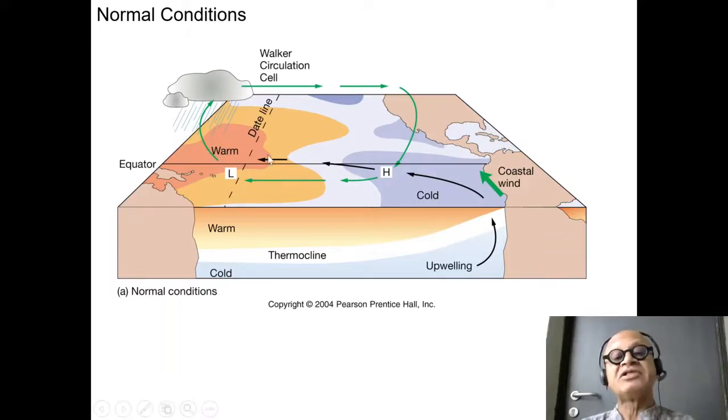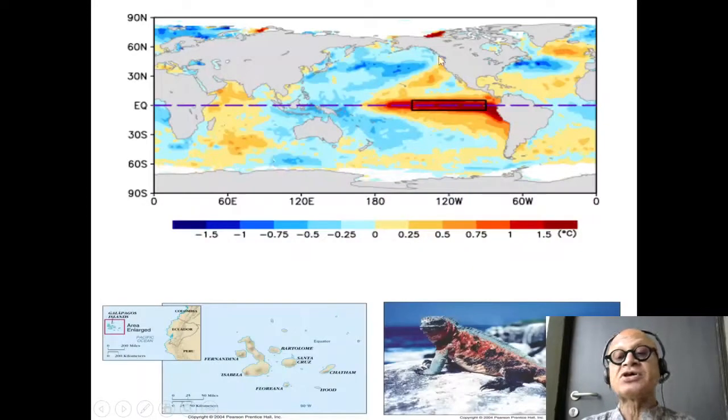Where does the name El Nino itself come from? It turns out that these warm waters here appear around December, January, February, around Christmas time. The Spaniards who colonized these places thought this was warm water replacing the cold water during Christmas, and it was a gift from God. The Christ Child, they called it, El Nino in Spanish.